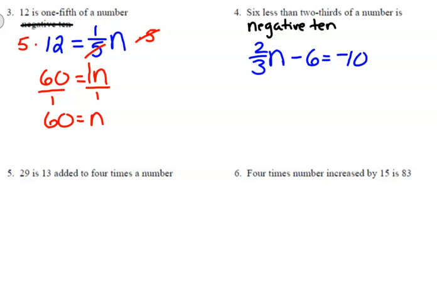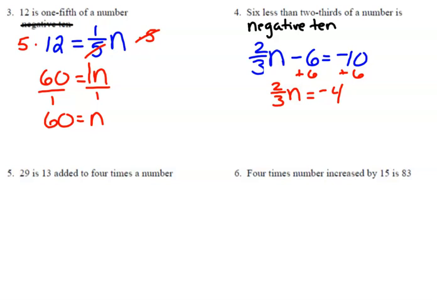So if that's my equation, we want to be very careful with how we solve it. Before I can tackle the fraction, if that's a -6, the opposite is +6. So 2/3 n equals -10 plus 6, which is -4. So I want to be careful with my signs.